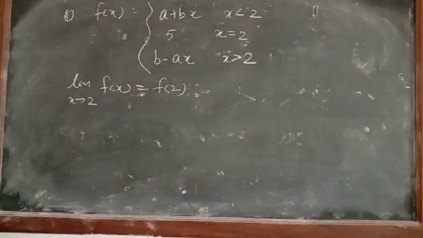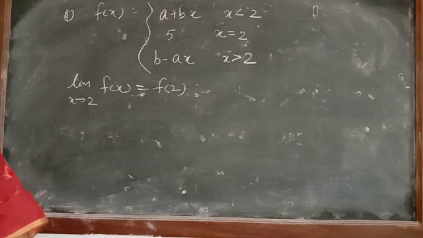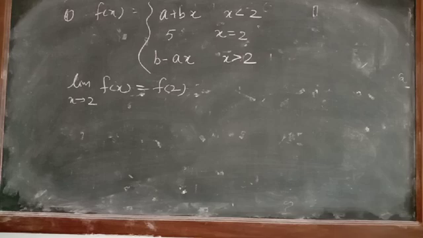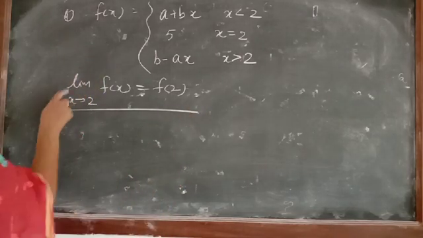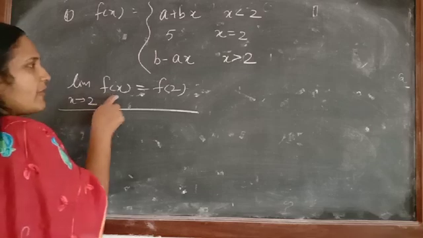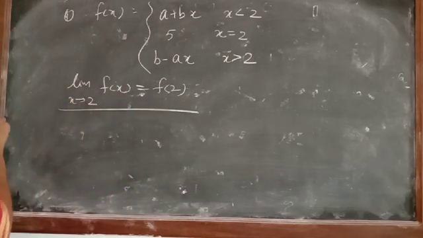What are the possible values of a and b that we have to check? So this condition is given, we have to find out the possible values of a and b, and this is the condition given. Limit x tends to 2 f of x equal to f of 2.